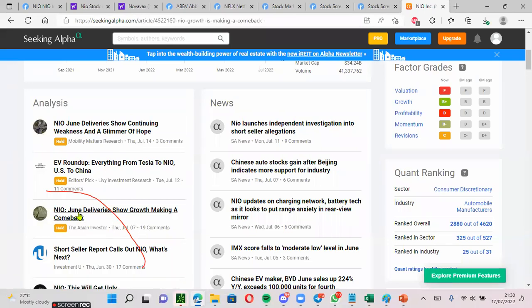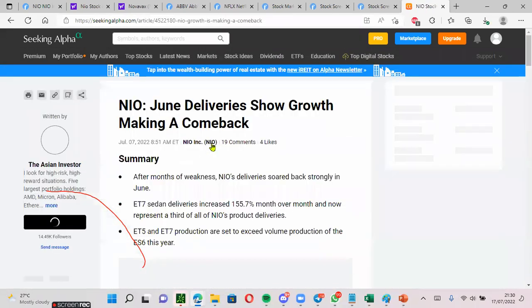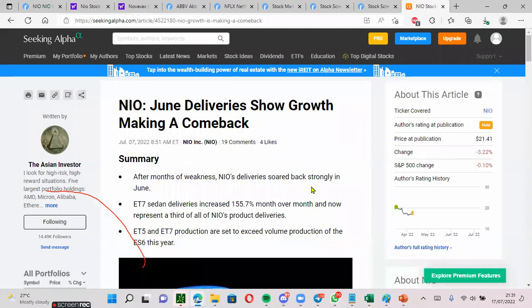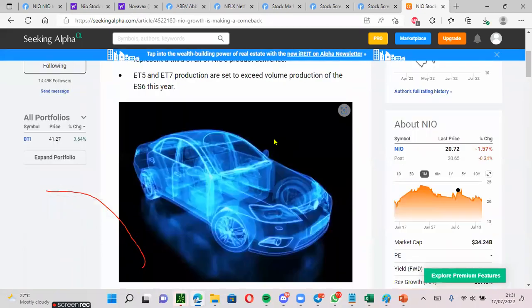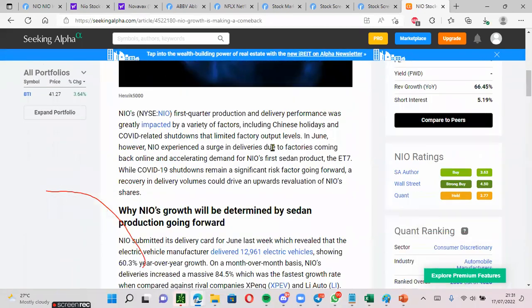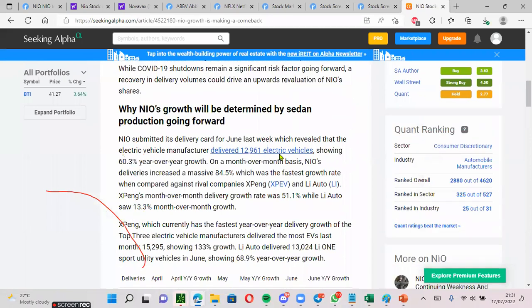So I keep a look on the June deliveries on the stock. Yeah, I think the sales went up pretty good. You can expect some good moves. Neo is a good stock. You can hold on to it as long as America supports Chinese stocks. It is still good.